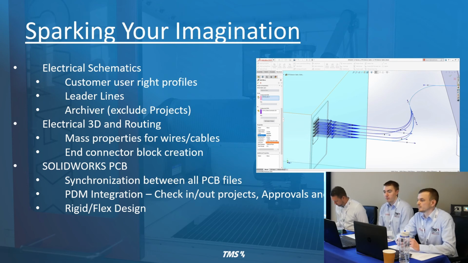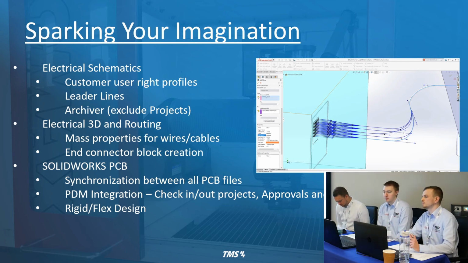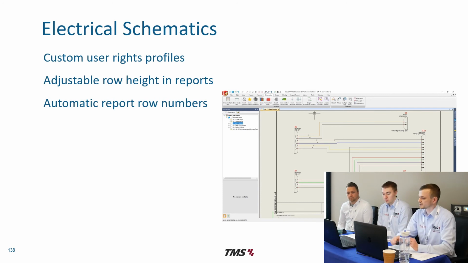So if we've got our schematics built up, how can we pull those through to the 3D model? Or even if you don't have Electrical, how can we use the routing tool to route up your electrical connections? And finally, we're going to wrap it off with SOLIDWORKS PCB, and how that can interact with SOLIDWORKS PDM as well. But starting off with the schematic side of things.